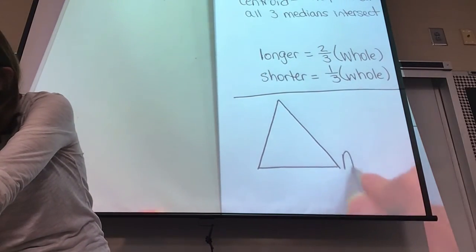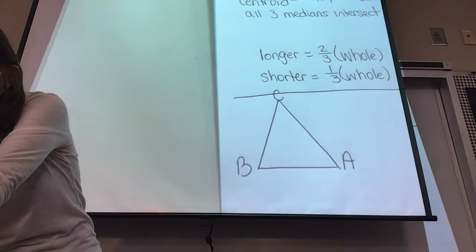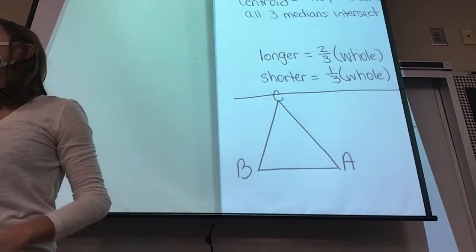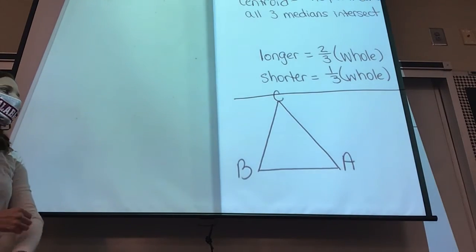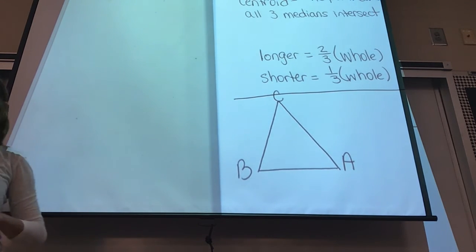You've got A, B, C. So I've got triangle ABC. Now again, it doesn't matter how big, how small, doesn't really matter. Now we're going to draw our three medians. Okay? So again, I'm going to draw them in different colors.